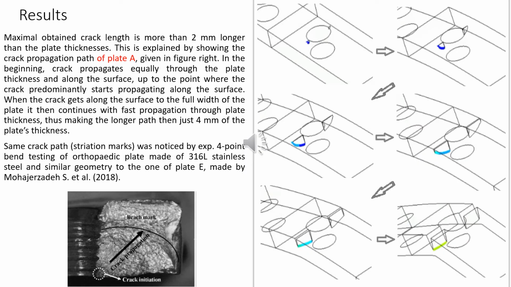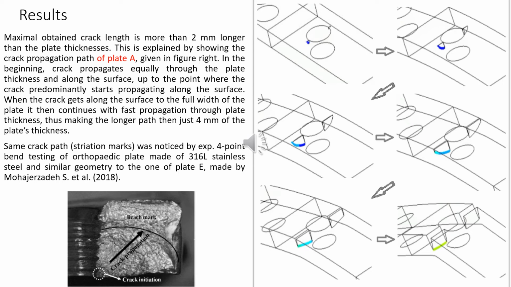In this slide, we can see how the crack propagates in the case of plate A, and also we can see that the numerical simulation quite well resembles the real crack propagation, which is shown in the figure at the bottom to the left.